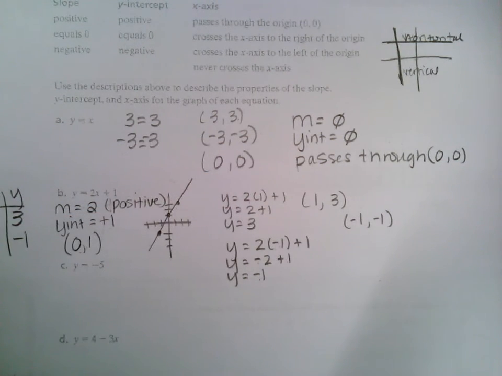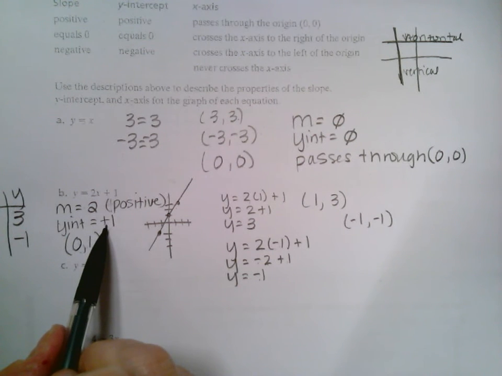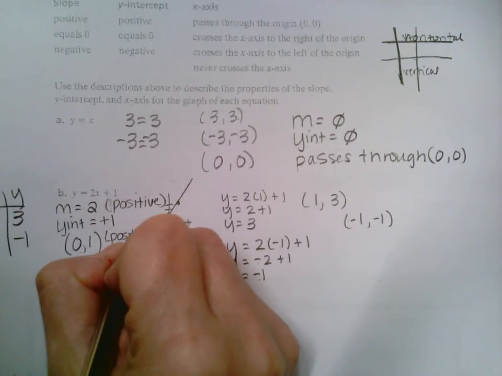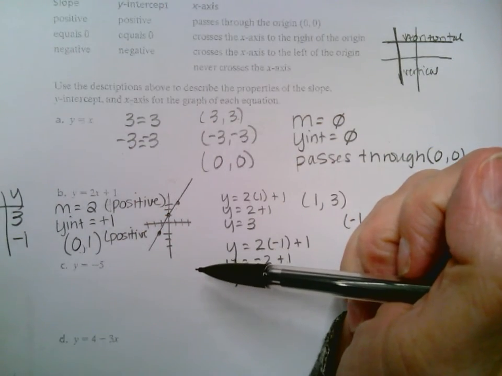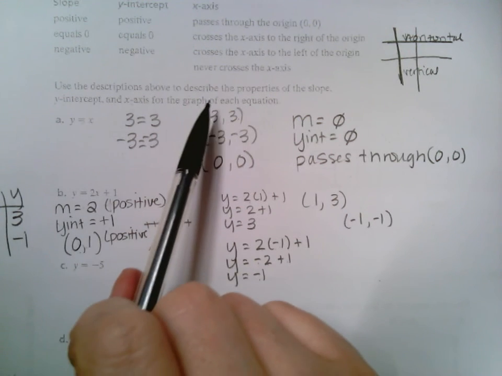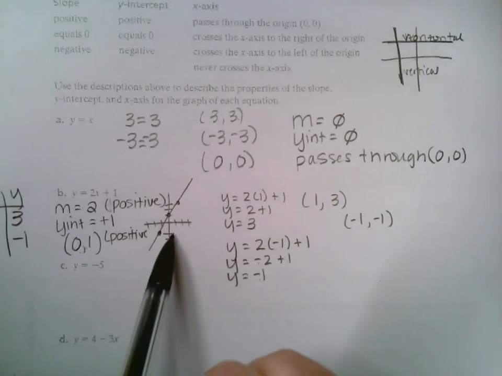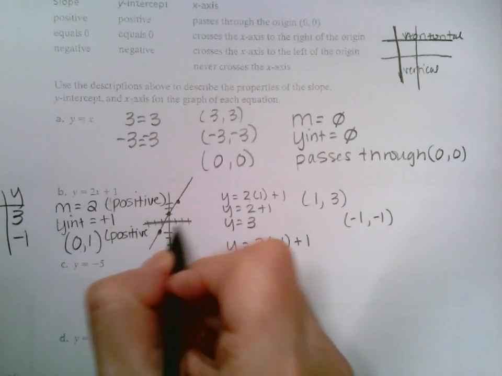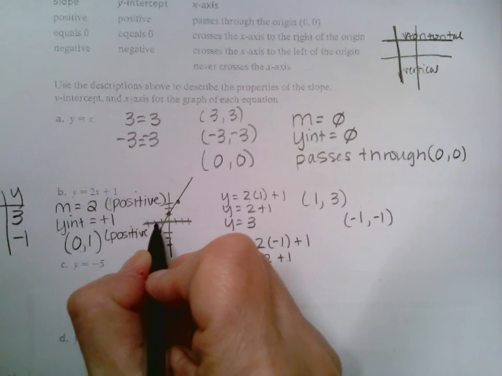Is my y-intercept positive or negative? Well, that's positive too because a +1 is positive. And now over here, my x-axis. So my x-axis right here, does it pass to the right or the left of my origin?